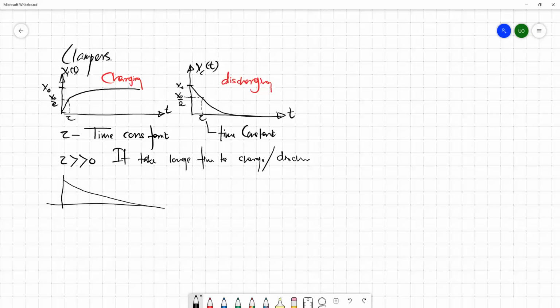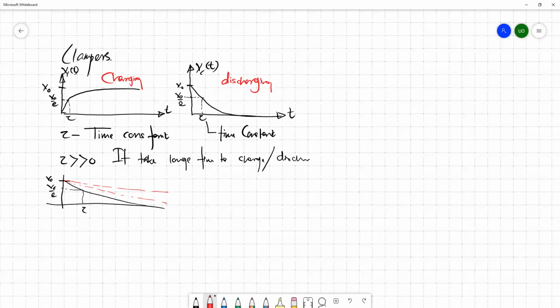So this is your initial voltage, and this is now tau, V naught by e. If this tau is reasonably high, it means it takes quite a long time to discharge.